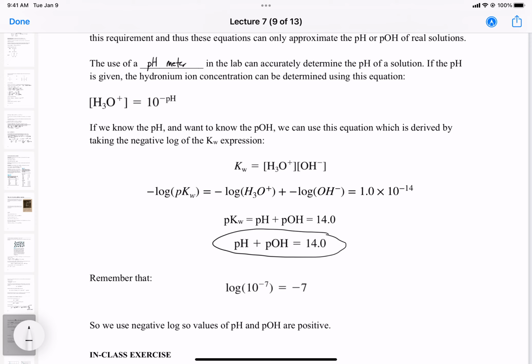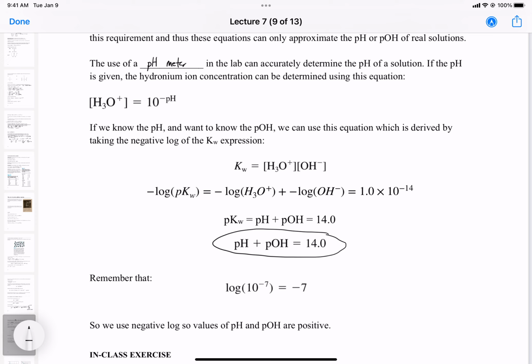Since the solutions we work with are usually in the range of 0.01 to 0.1 or like 6 molar, we use the negative log to ensure that our pH values are usually positive. That way we're not working with negative numbers, because thinking about a less negative or more negative number kind of messes with our brains. It's much easier to say this number is lower than that number if they're both positive values.